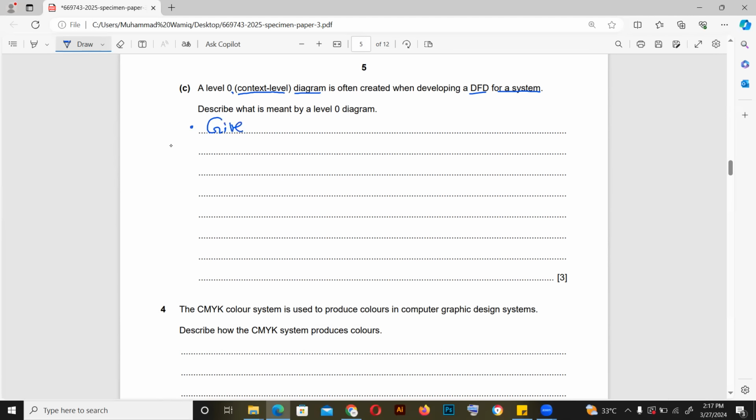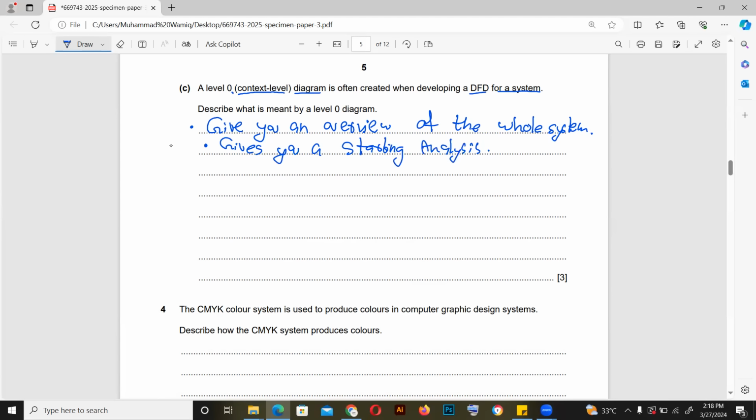So I can write here the point one that it can give you an overview of the whole system, and it also gives a starting place for analysis, because you are seeing the whole DFD at once so that you can carry on with your analysis.